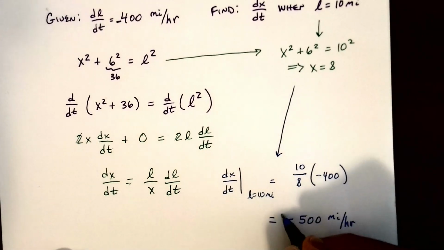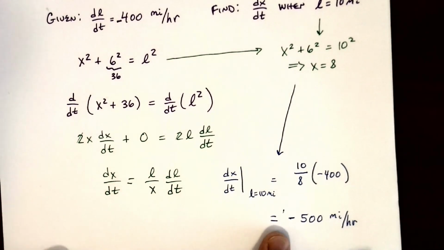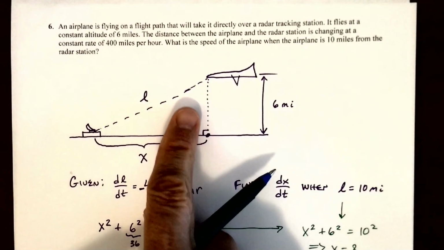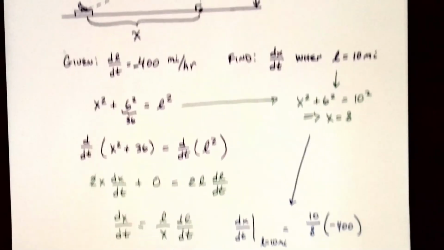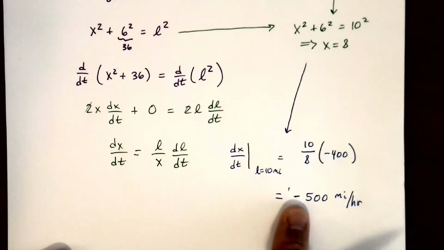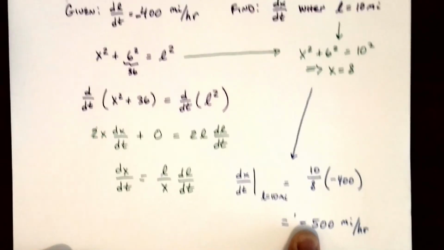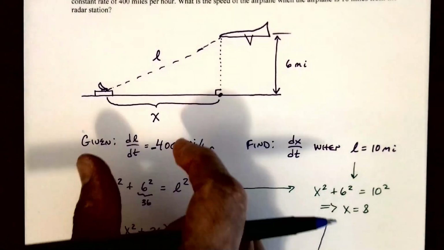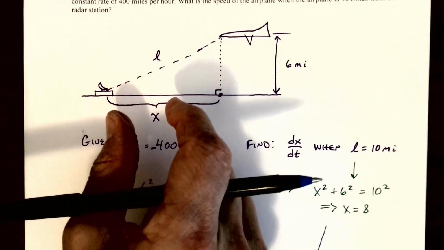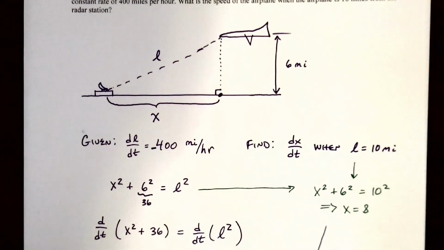Okay. Now, what were we asked to find? What's the speed of the airplane? Well, what's this negative? Will we say the plane is flying at negative 500 miles per hour? No. What's the negative for? The negative is because it's the rate of change of x with respect to time. And what is x doing as time progresses? It's getting smaller. So dx dt is going to be negative.